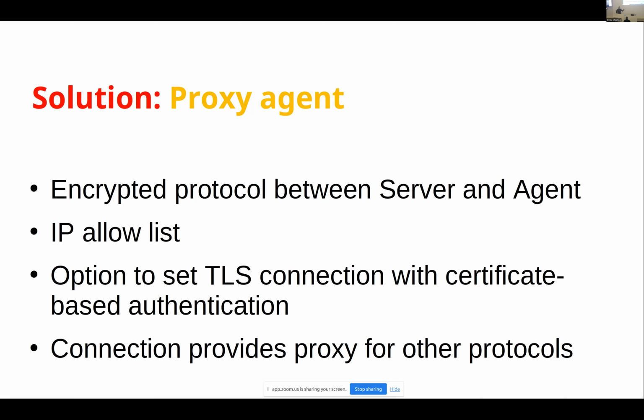So you have to list them one by one. There is an option to list a subnet, but it could of course only be used for testing, and it's not for production use. You have an option to use a TLS connection with certificate-based authentication. So both agent and server authenticate each other using TLS certificates.